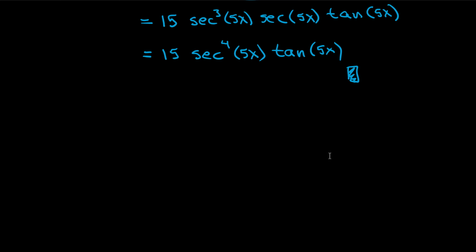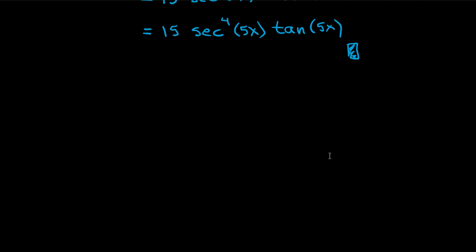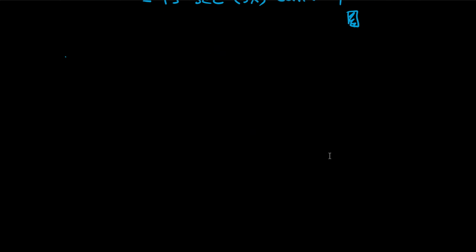What if we had something like the following? Suppose you were asked to compute the derivative of x squared times the cosine of, let's see here, 3x. First, realize that this is a product rule. Do you see it? You have the x squared times the cosine of something.